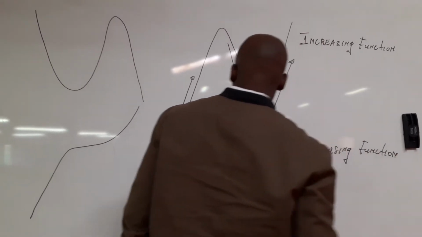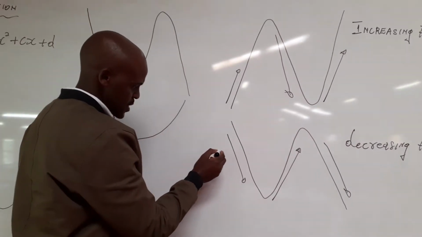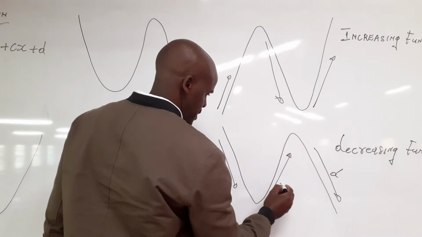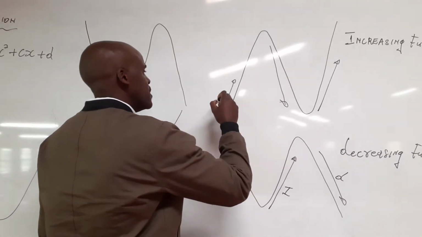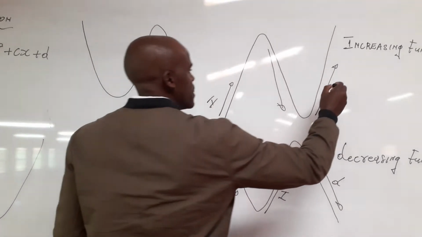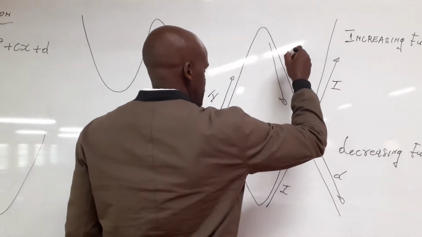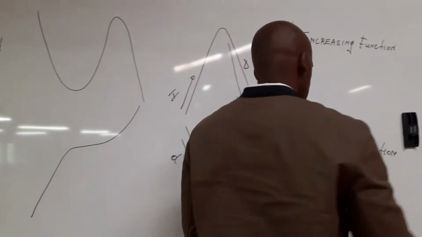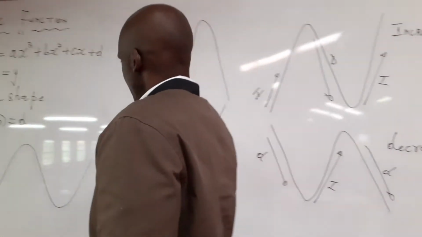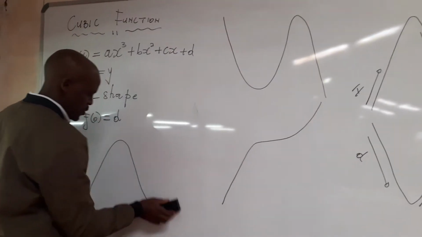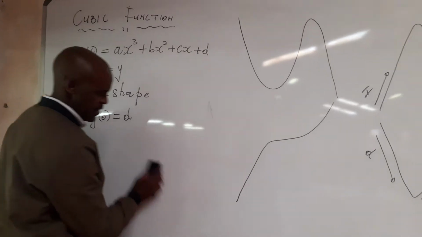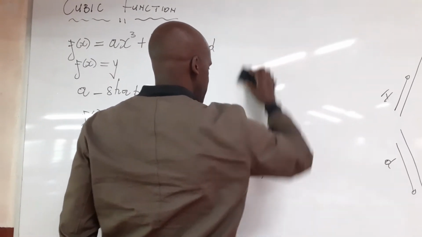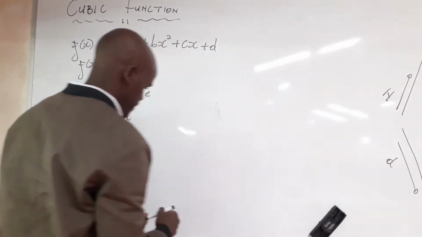Right. It decreases, and then here it increases, and then here it decreases. Each of the points in a graph has got its name.